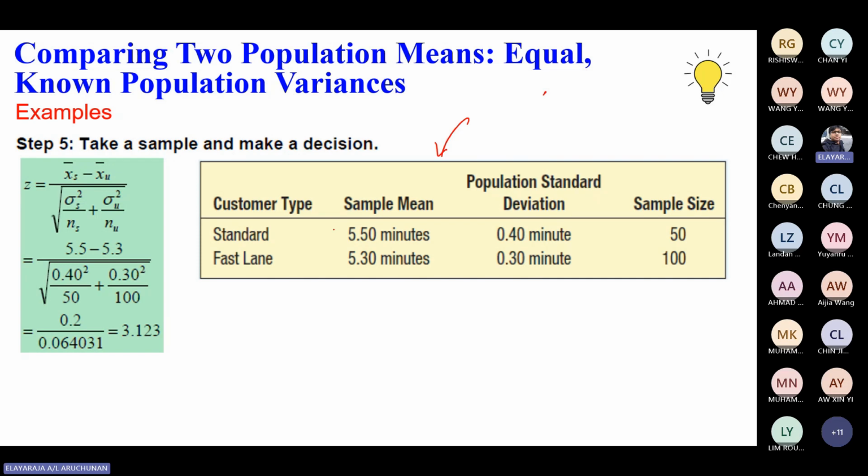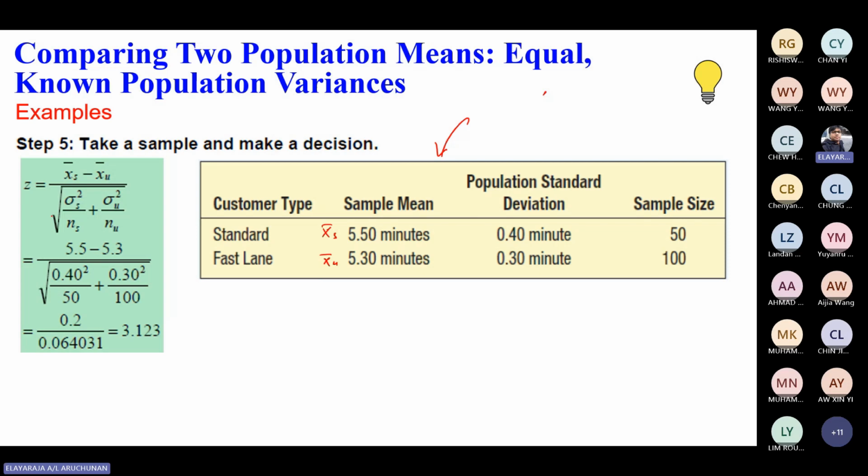I just wrote it down here. This is your standard lane, and this is your fast lane, or maybe S or F. You can set anything you want.